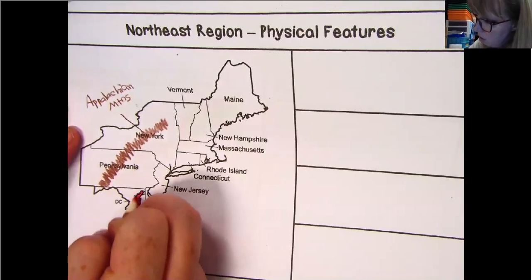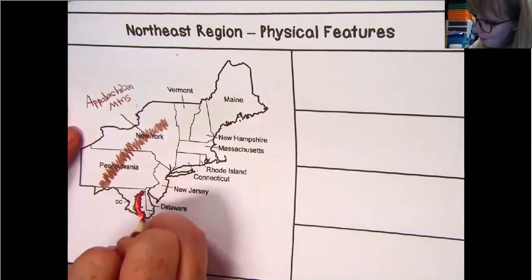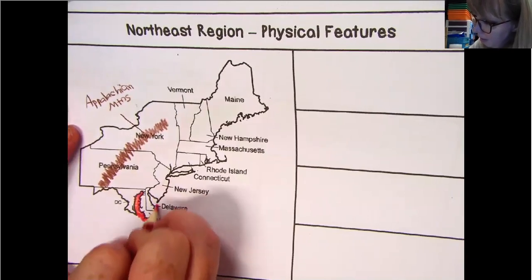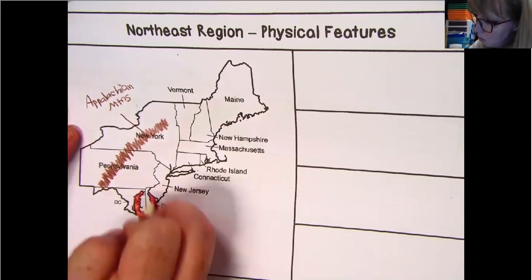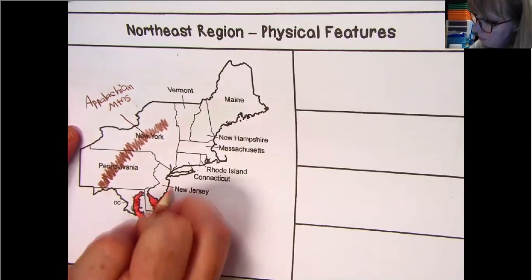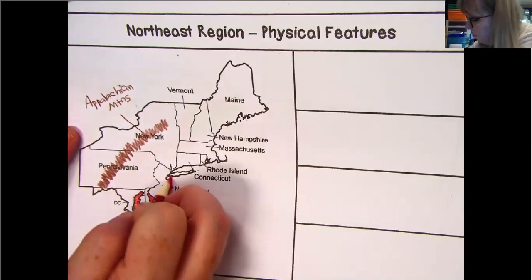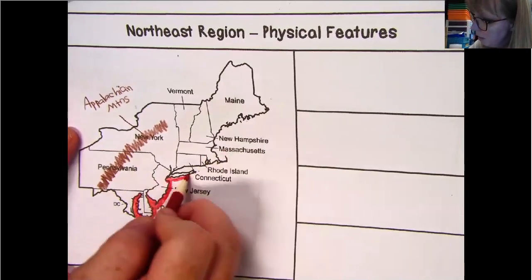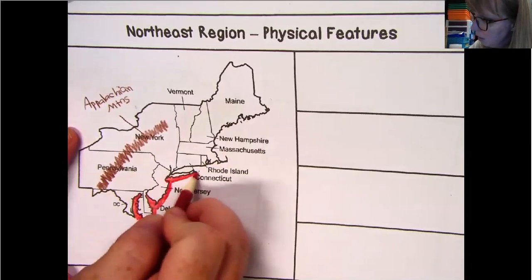Now, this is actually called a harbor, but for these purposes today, we're just going to name it Atlantic coastline, because ultimately these harbors and bays dump out to the Atlantic Ocean. And for this, they want us just naming it the Atlantic coastline.